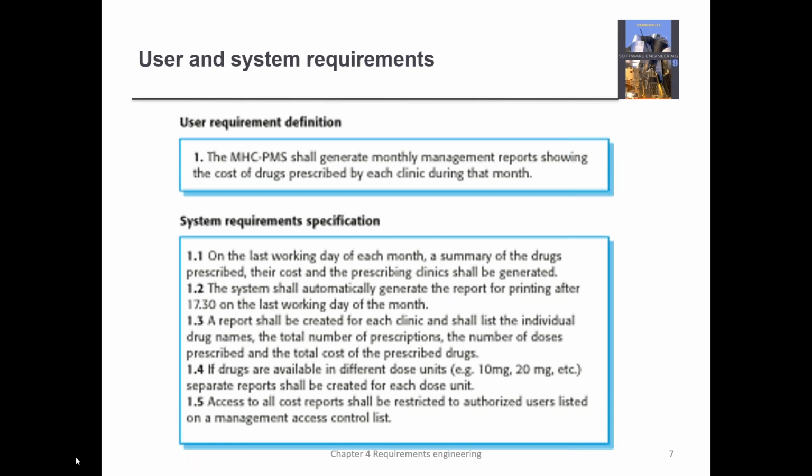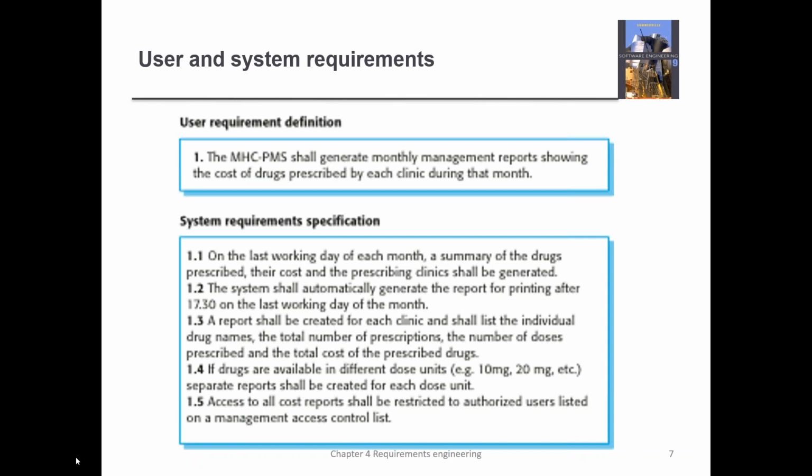And this is saying exactly what the software must do in order to achieve user requirement definition 1. The user requirement says, the user is saying, this is what I want. And so the system requirement now has to go into detail to say exactly what it must do.